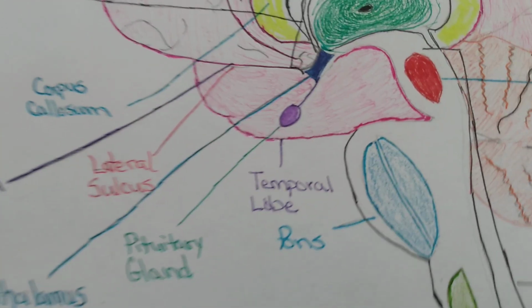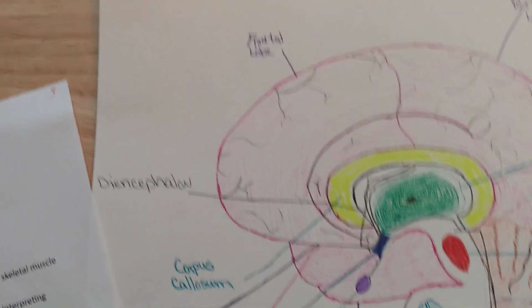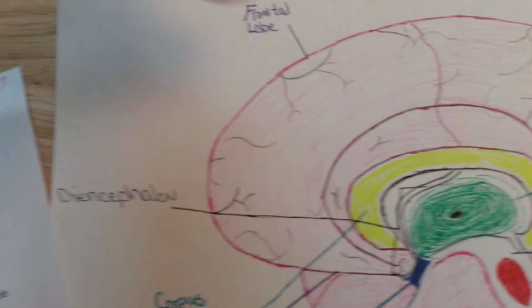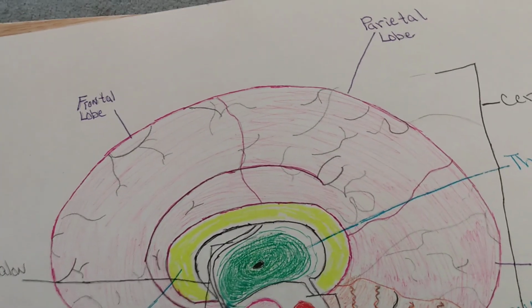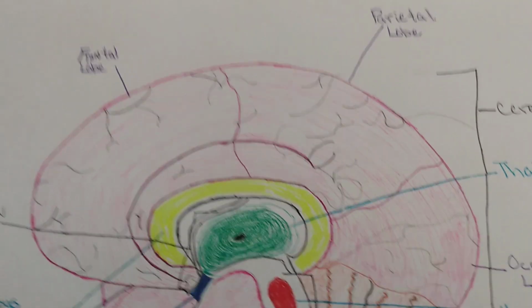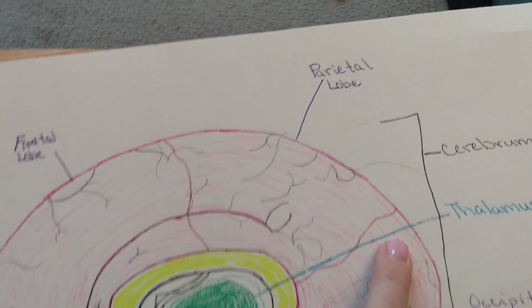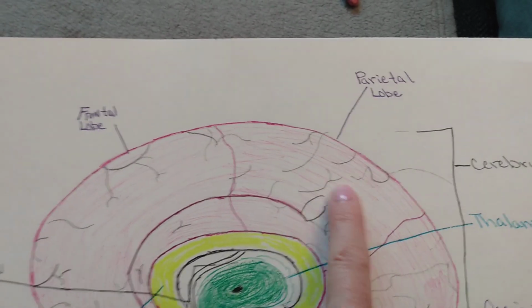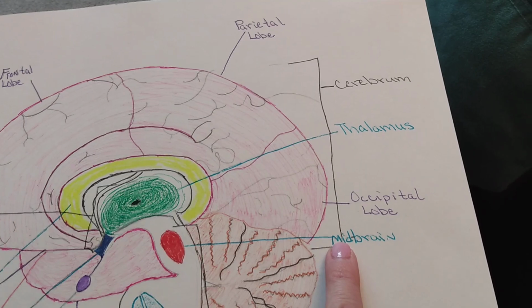All right, and the cerebrum has 5 lobes. Here we have the frontal lobe in the front. About halfway back with the cerebrum on your head, the parietal lobe would begin here. The parietal lobe leads right into the occipital lobe.